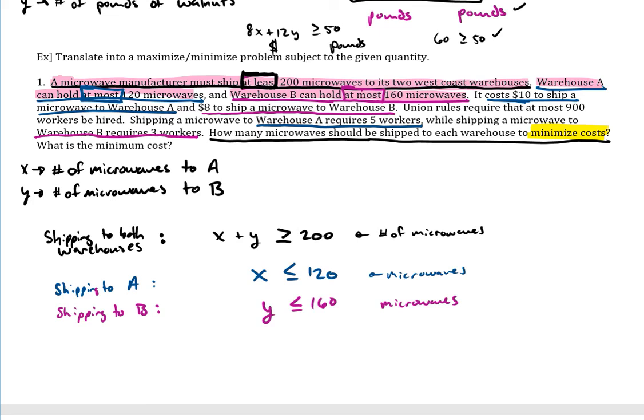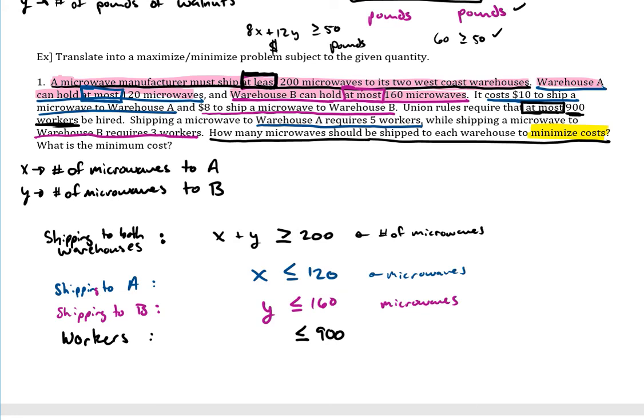Okay, so at this point, let's go ahead and use black ink again. So it says at most 900. This is about workers, 900 workers. Okay, so let's put workers. So the at most, all right, so less than or equal to 900.